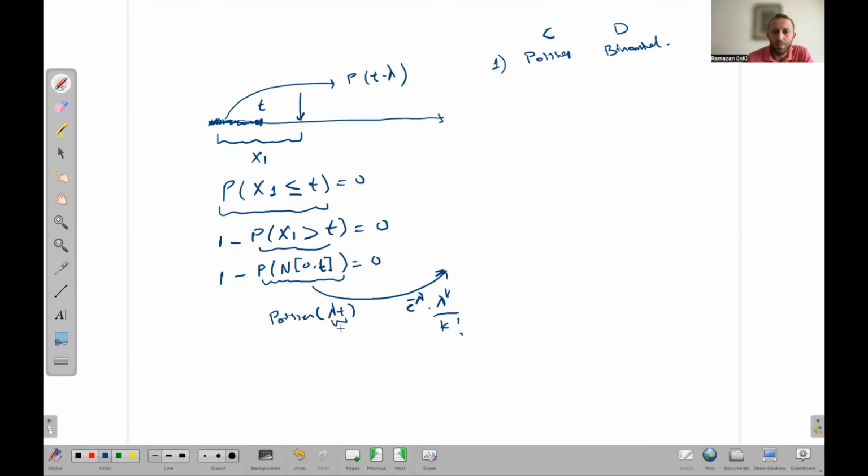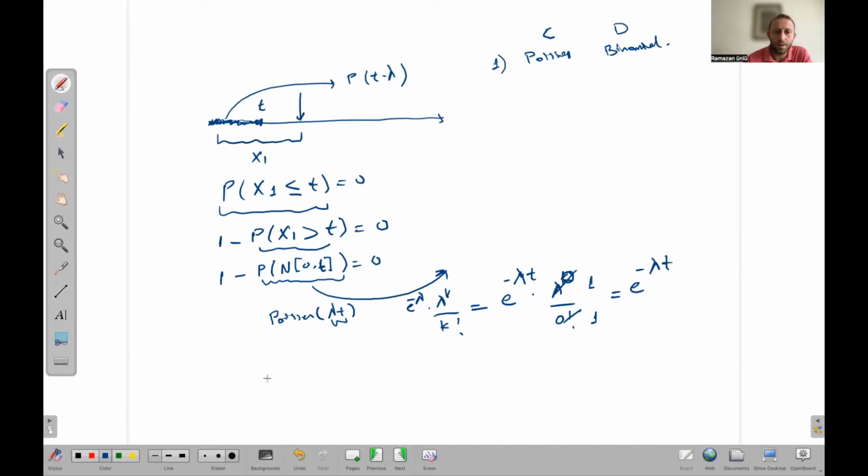So instead of lambda, I will put just lambda t, and that will be equal to e to the minus lambda t times (lambda t) to the k. The k is the number of successes, and I know that there is no success event, there is no arrival. That's why the k will be 0, and the 0 factorial is 1. So I will end up with e to the minus lambda t.